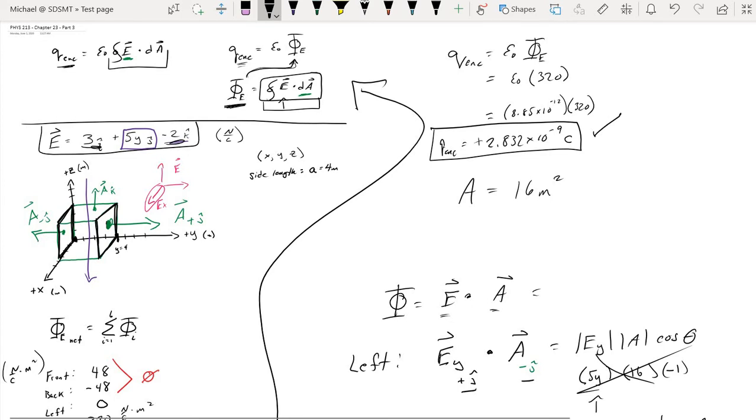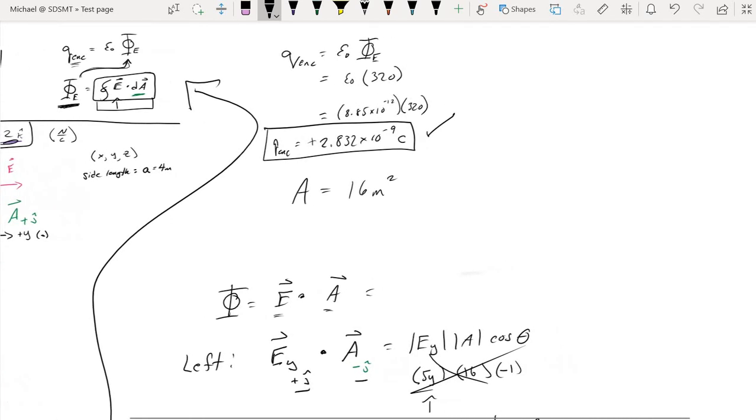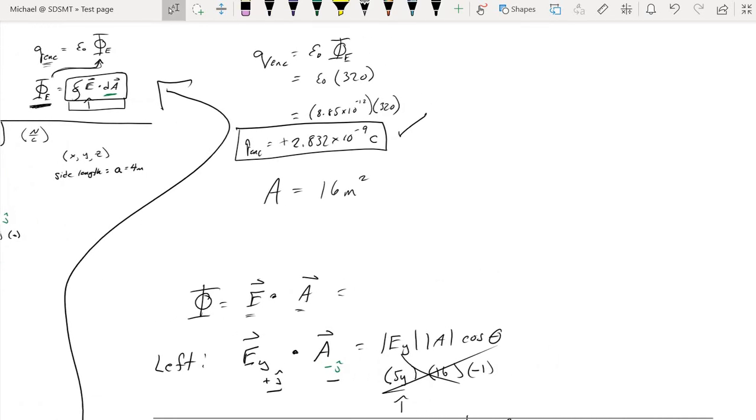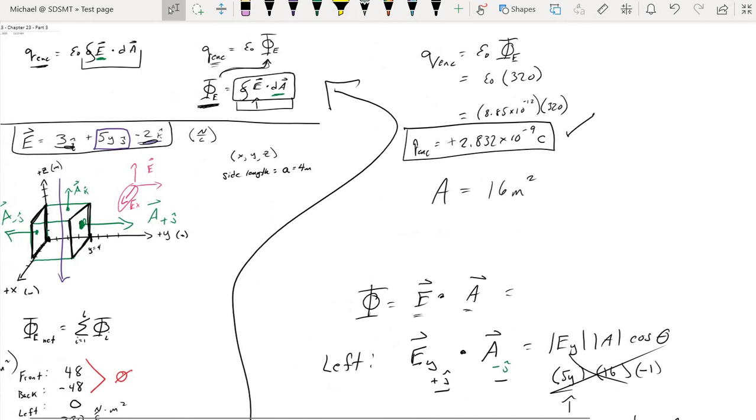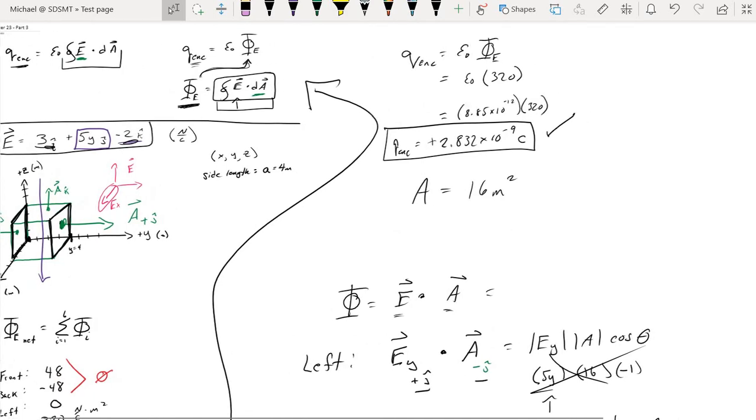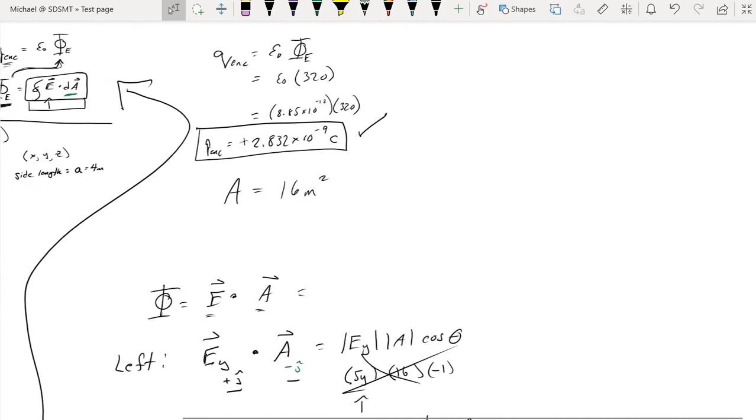And so that tells us a little something about what kind of charge we have to have inside this cube. Because it's positive, that means we have to have a net positive charge inside of this cube. And if this net positive charge were made up of, let's say, protons, then how many protons are inside of that cube?